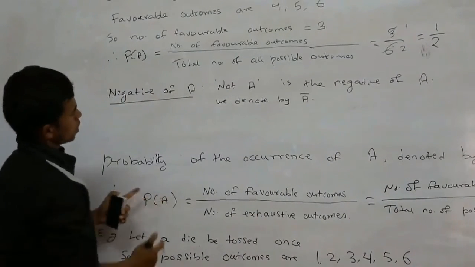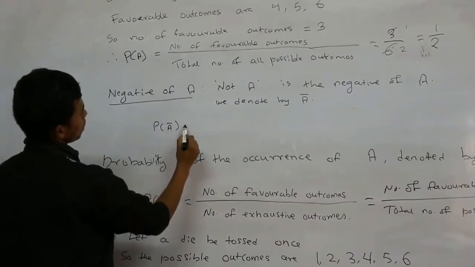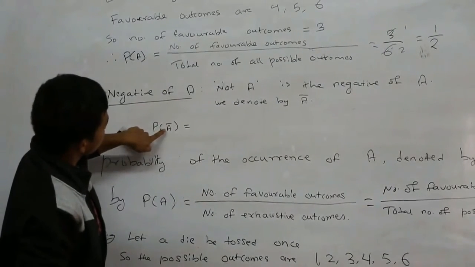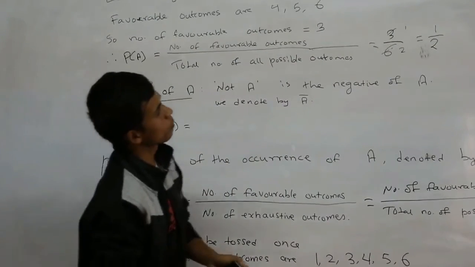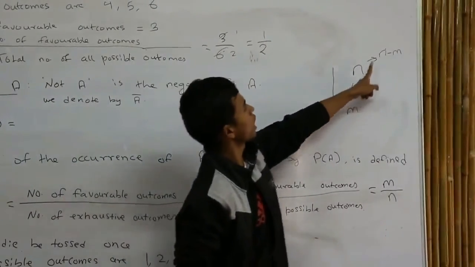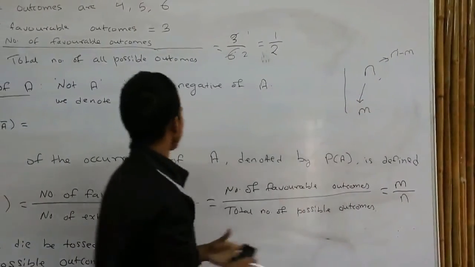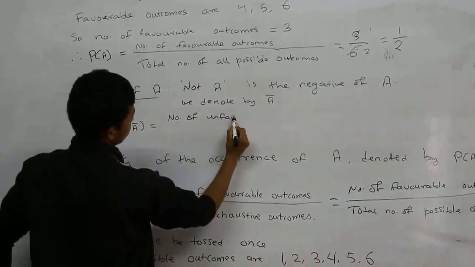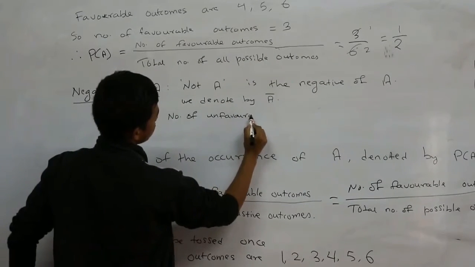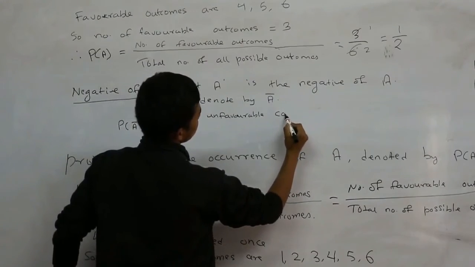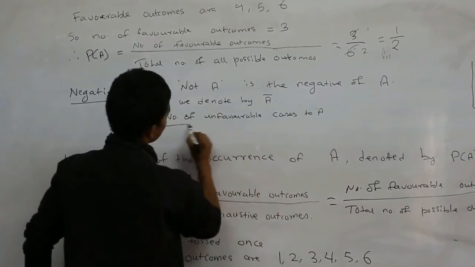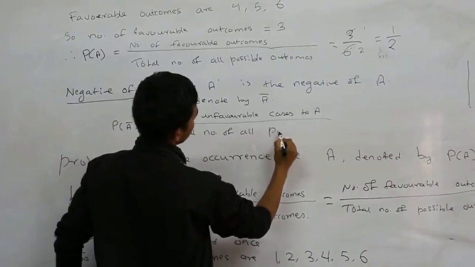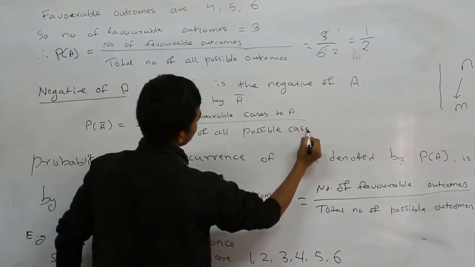So going by this definition, P(A bar) will be, A bar means not A, so those outcomes which are not favorable to A. From n, m are favorable to A, so n minus m, which is left, are not favorable to A. So in this case it will be the number of unfavorable cases to A divided by the total number of all possible cases.